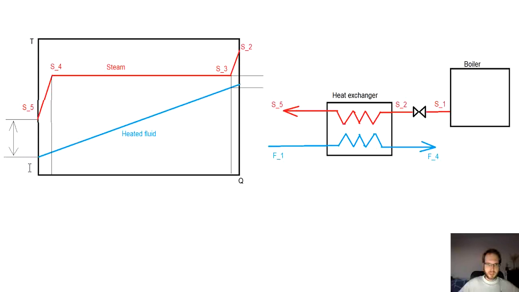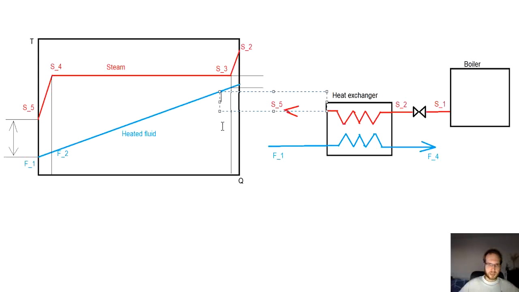Then for the fluid that is being heated up, we have the entry as F1. Then when there is transferred the same amount of heat as is between the saturated steam and the outlet, there will be the point F2.